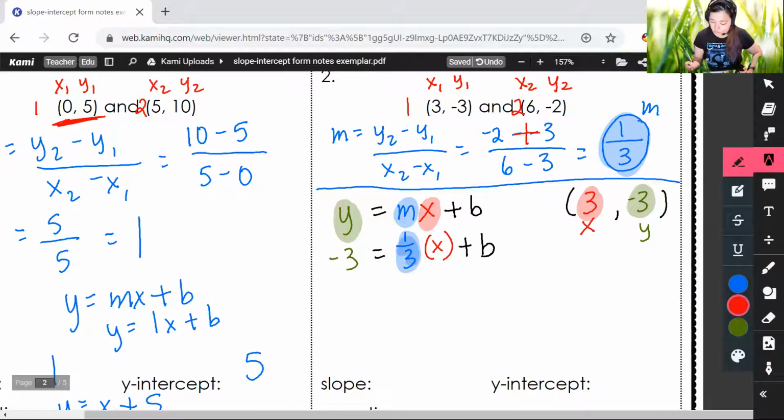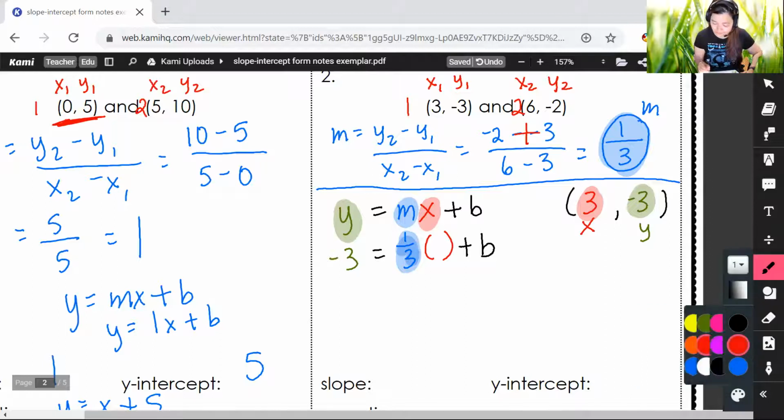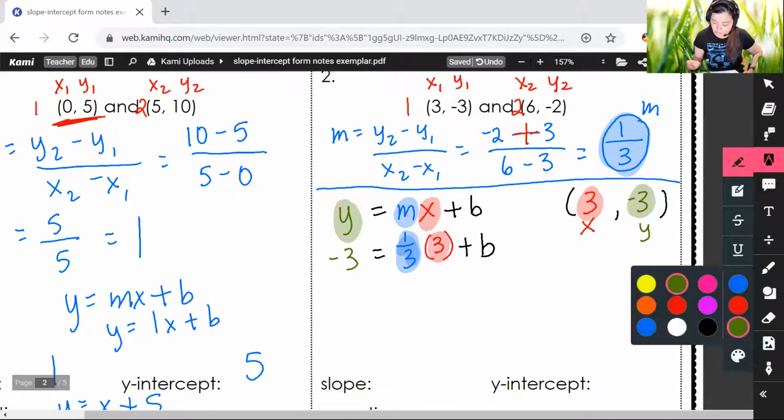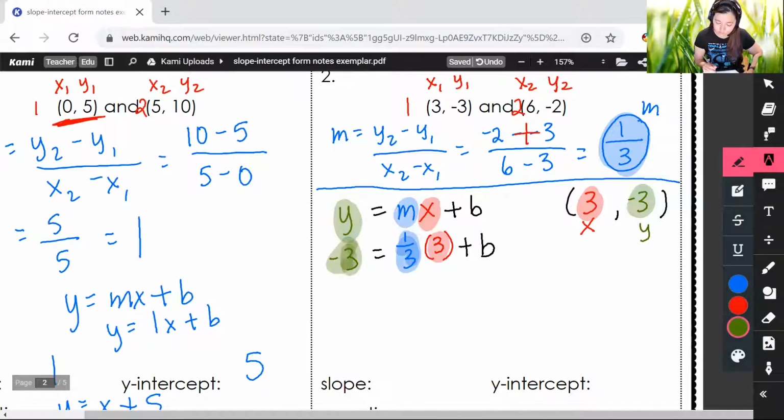Oh, I wrote x instead of 3. My bad. Okay, there's 3. There's -3. Okay, so hopefully you can see that all of our numbers went exactly where they're supposed to go.